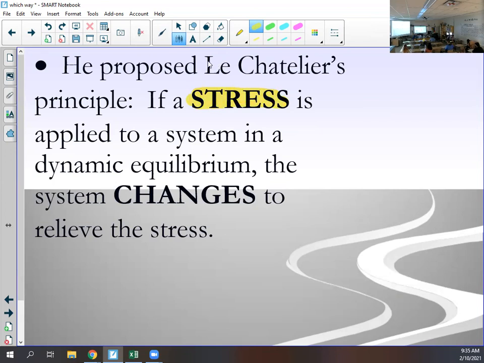If you had to spell Le Chatelier on a spelling test, you'd be stressed. At least I would. So he proposed Le Chatelier's principle. If a stress is applied to a system in a dynamic equilibrium, the system changes to relieve the stress. That's like the dumbest thing ever. Like, if you as a human get stressed, you're going to do something to relieve that stress.